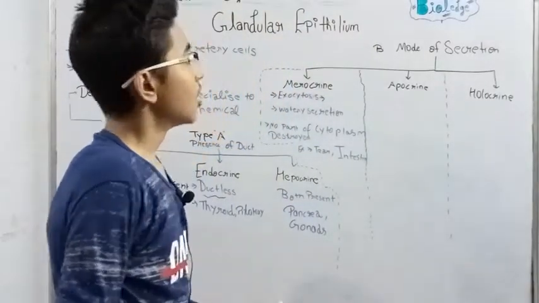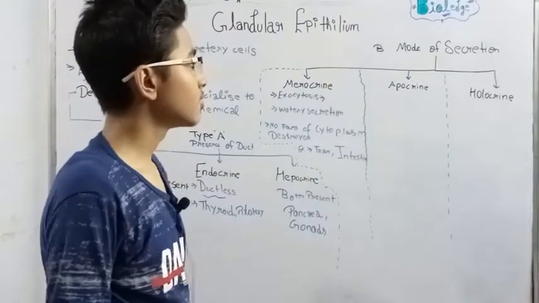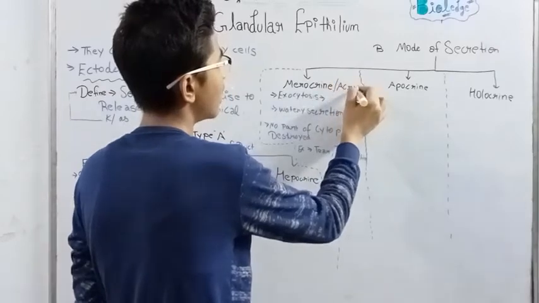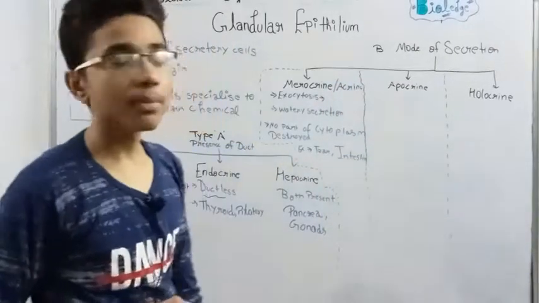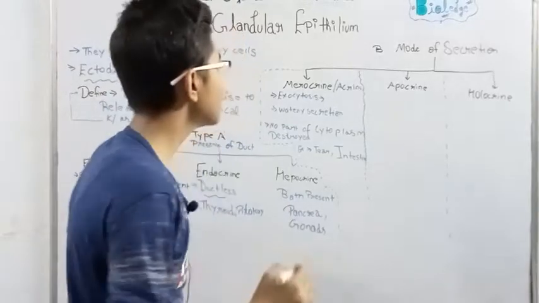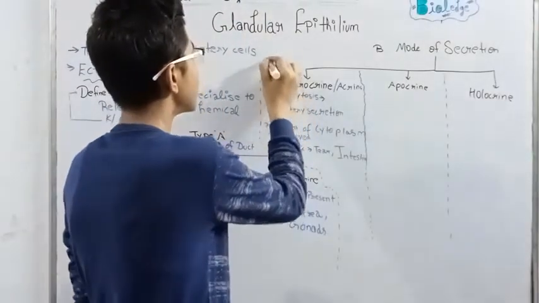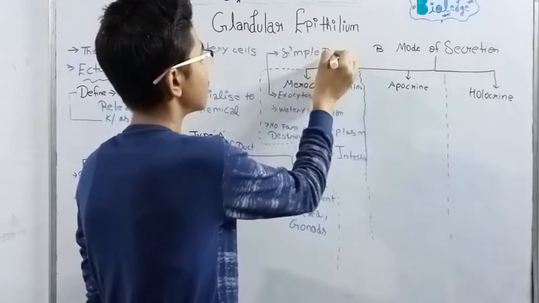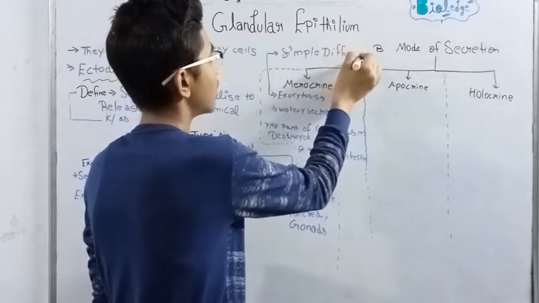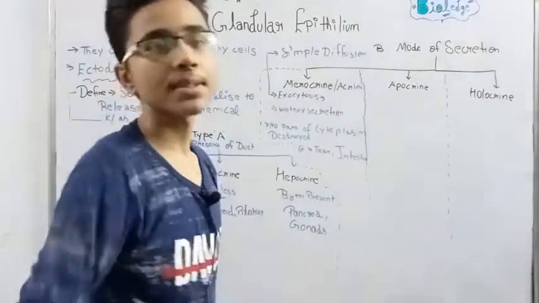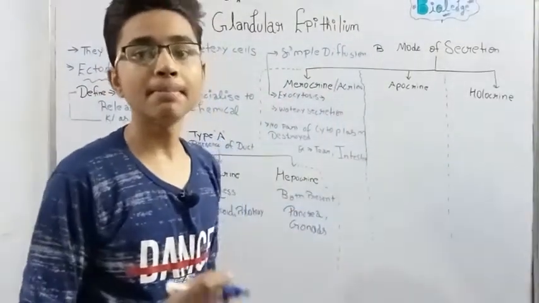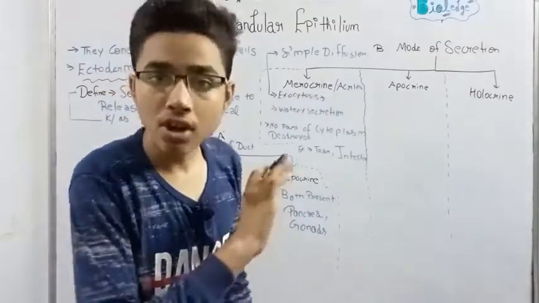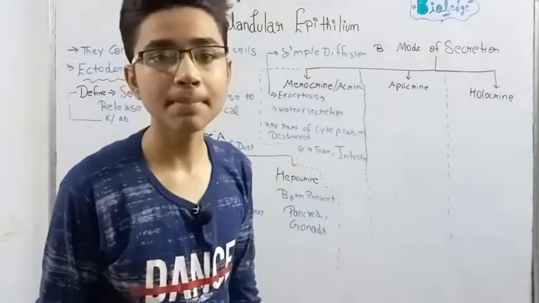On the basis of mode of secretion, they are classified first as merocrine. Merocrine is also termed eccrine. They perform exocytosis. What is exocytosis? Exocytosis is simple diffusion. They pour their secretions by simple diffusion, which means they do not have to lose any of their cytoplasmic part.